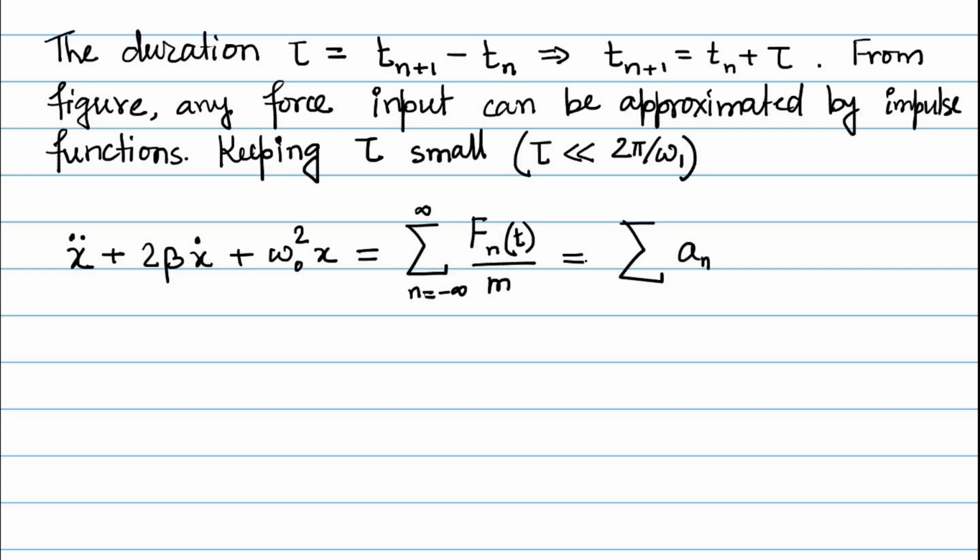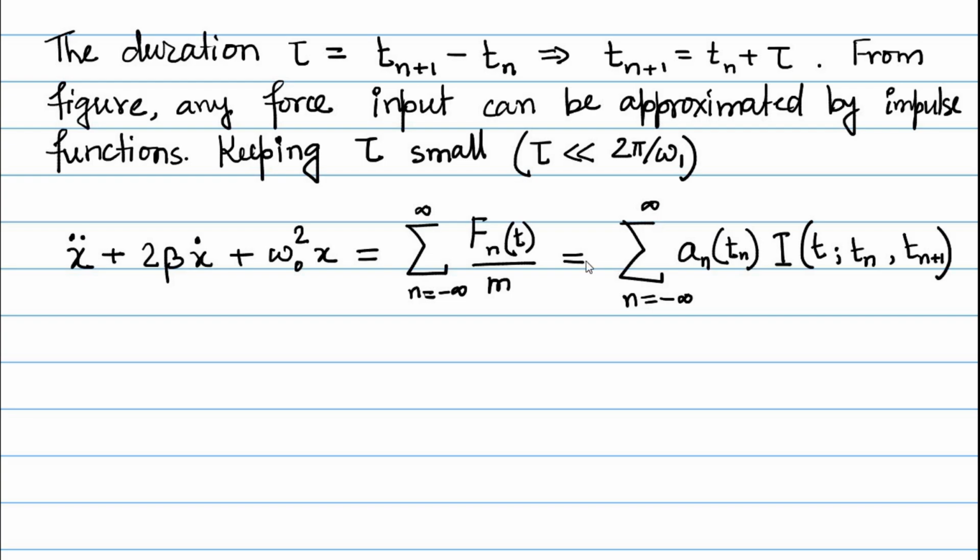an, which is a function of the interval. So let's write it as a function of one of the n's of the interval, and you still have n equals negative infinity to infinity of an times I. So it's an impulse function, and as usual it should have 3 arguments, so t, t of n, and t of n plus 1.